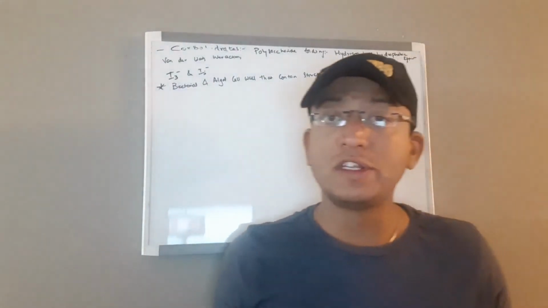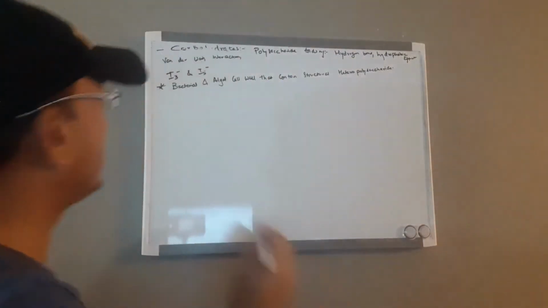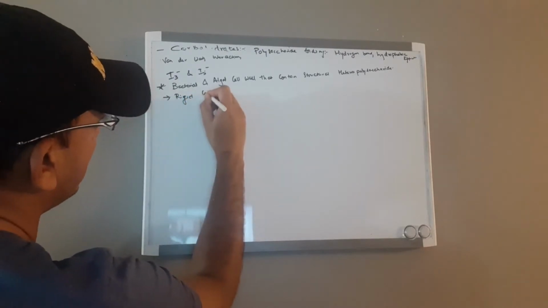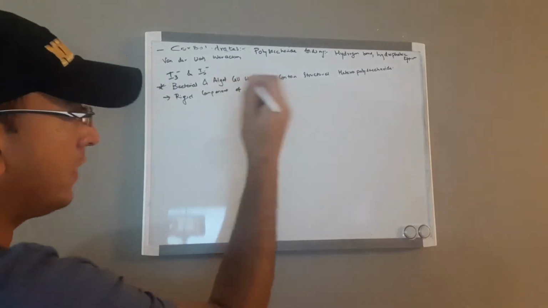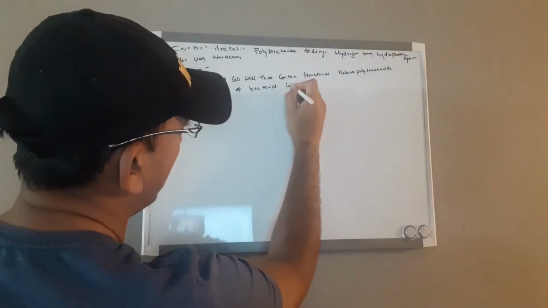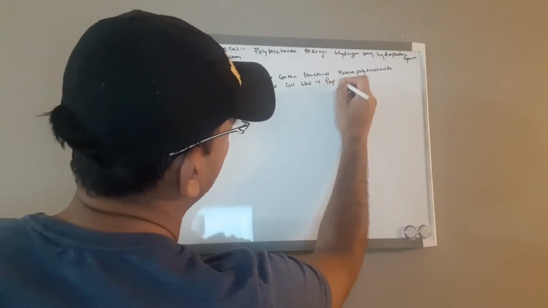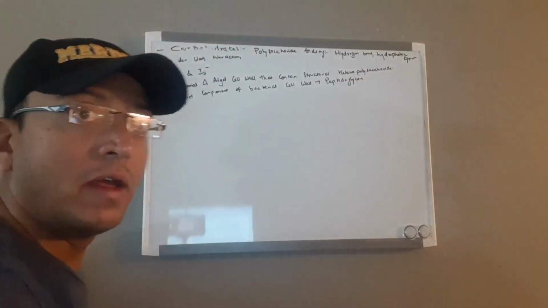As we know, the rigid component of the bacterial cell wall is peptidoglycan. That means carbohydrate and protein.